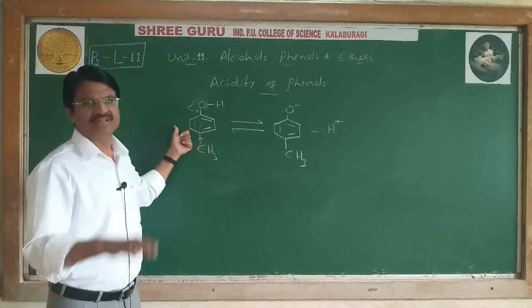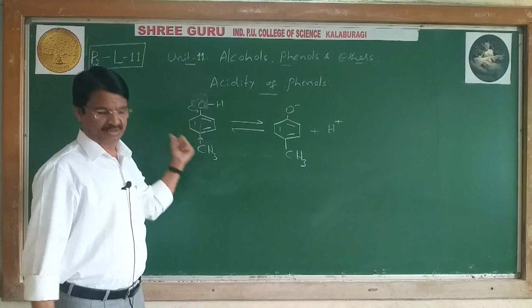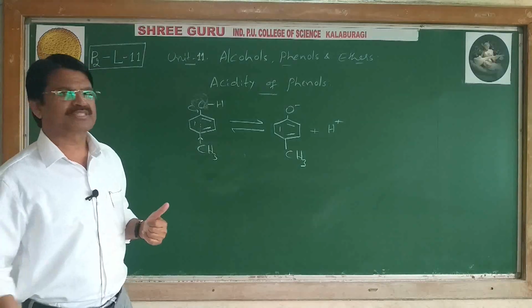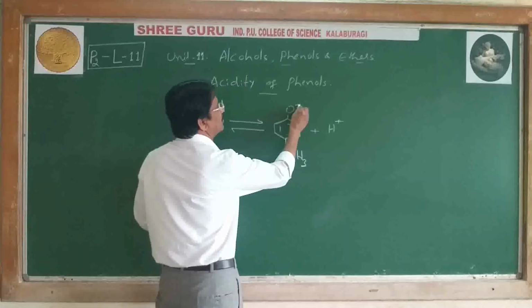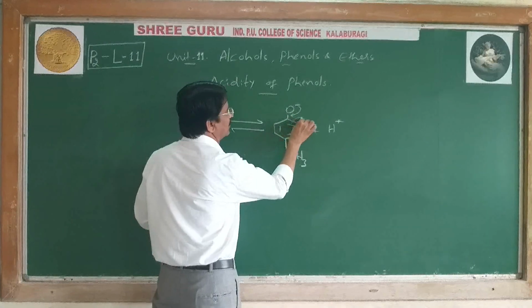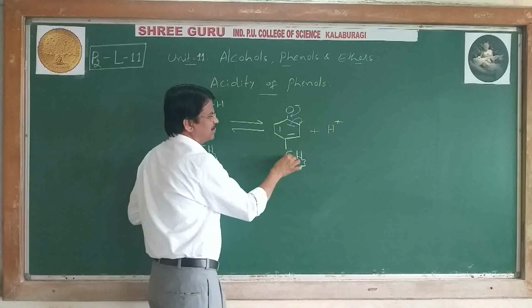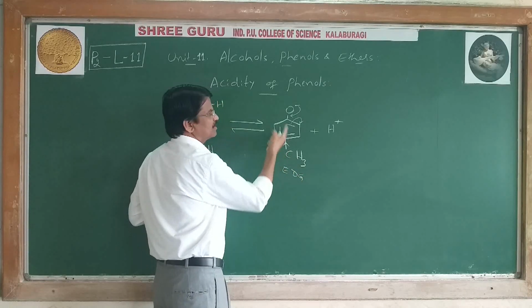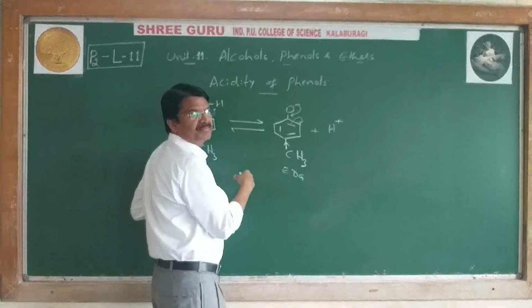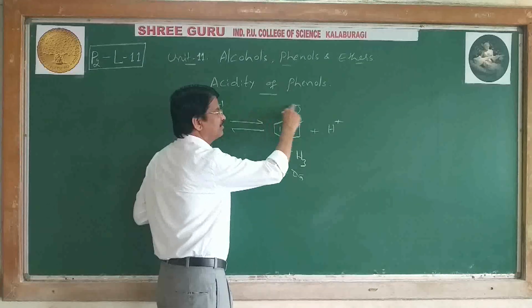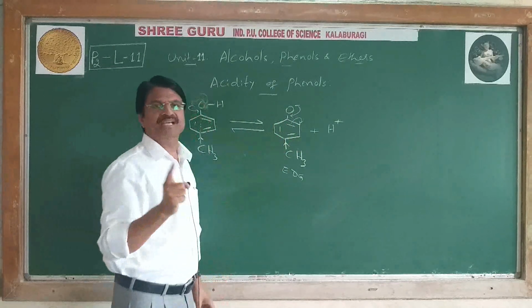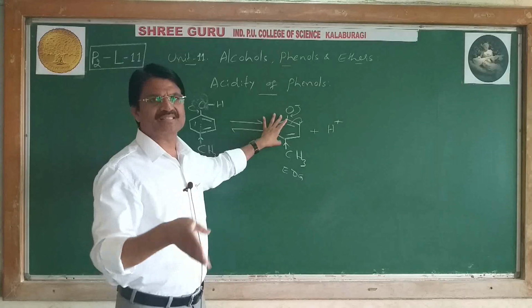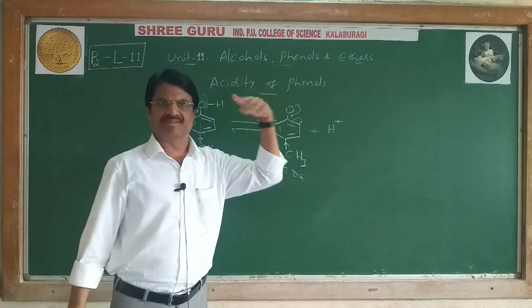Therefore, it is called less acidic than what? Phenol. In other words, we can write like this: negative charge on the oxygen is delocalized with the benzene ring, but methyl group, an EDG, opposes resonance. That's why methyl phenoxide ion is said to be less resonance stabilized compared to phenoxide ion.